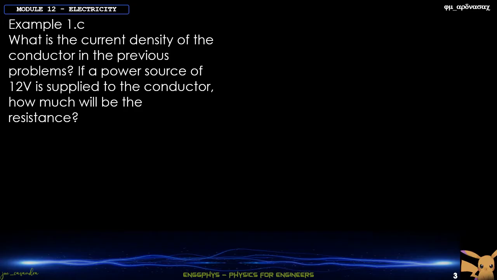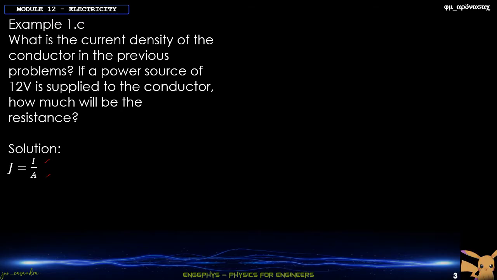As we have discussed, current density is equal to the current divided by the area of our conductor. From problem 1, we were given our current, and from problem 2, we have already solved for the cross-sectional area of the conductor.